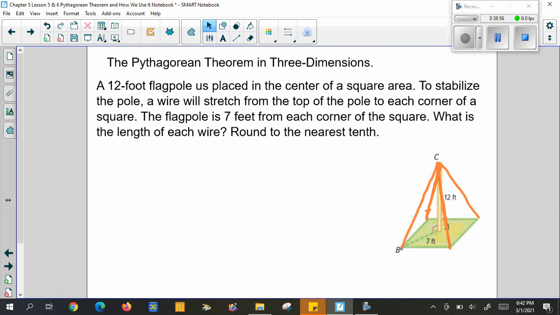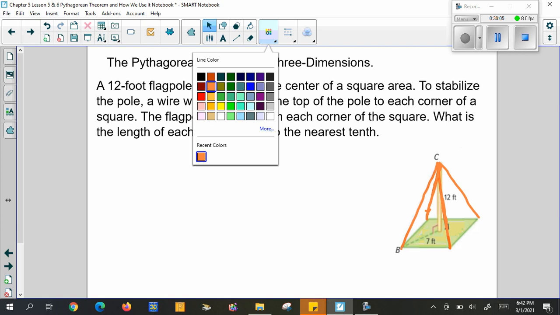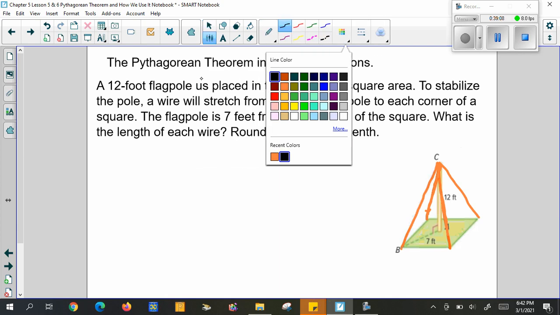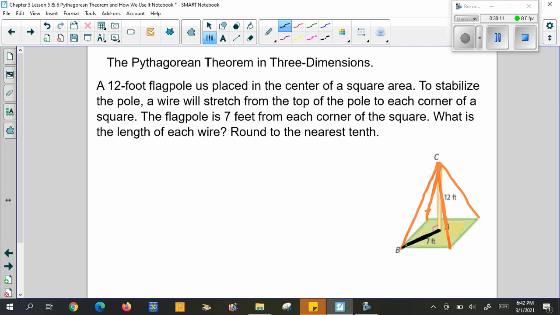And when we have a pyramid with a square or triangular bottom, we can actually create a right triangle if we know how far apart the pole or the center of the pyramid is from one of the corners or even one of the sides. In this diagram, we're using the pole, its distance from the corner, and it creates a right triangle with the wire.